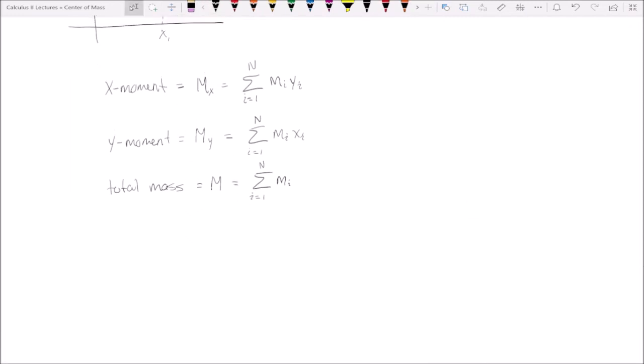Well, x bar, so we're going to call it the x coordinate of the center of mass, is the x moment of the system, I'm sorry, it's the y moment of the system, divided by total mass.